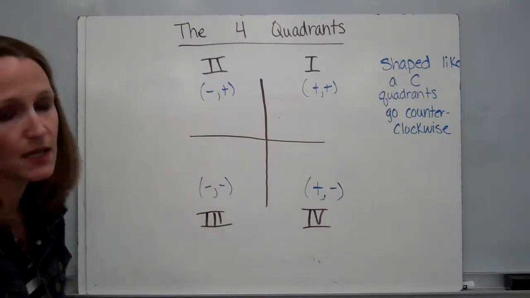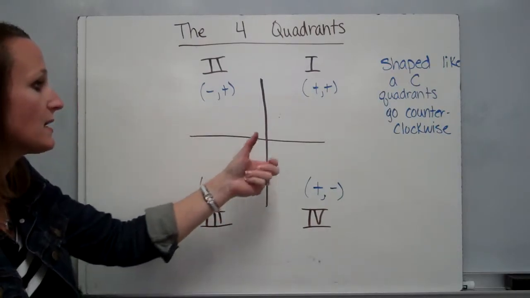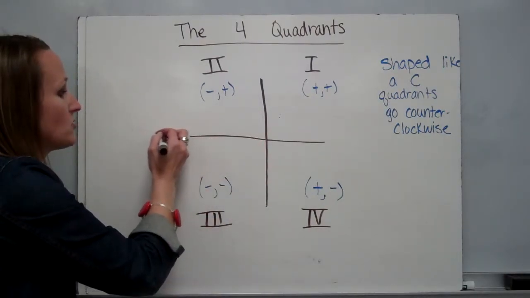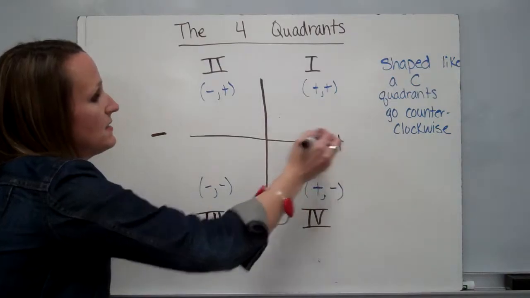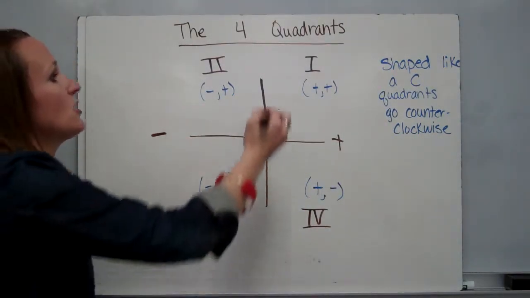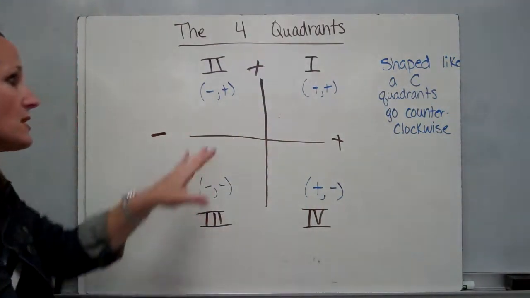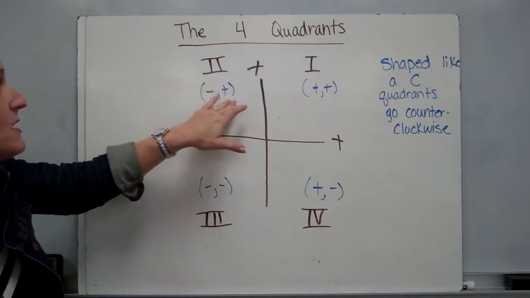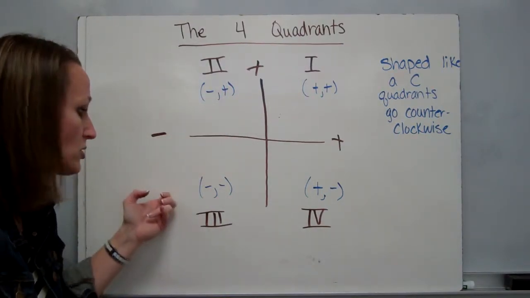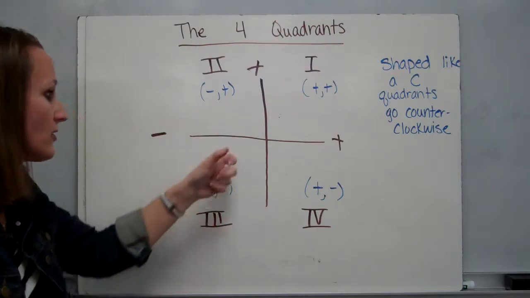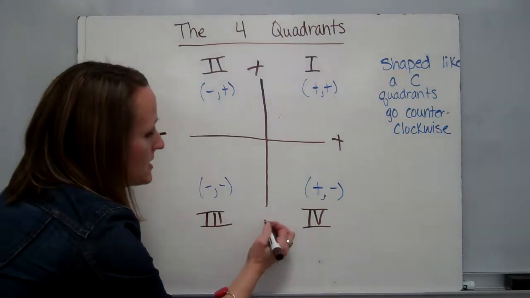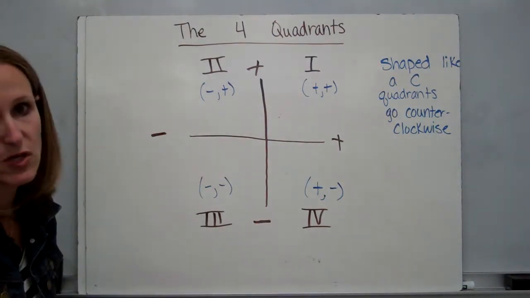Ordered pairs in the second quadrant, the first one's going to be negative because this is the negative direction. Negative, but then you're going to go up in the positive. So that's why we say these ordered pairs are negative, positive. When you're in this third quadrant, everything is negative because you go over in the negative direction and then down in the negative direction.